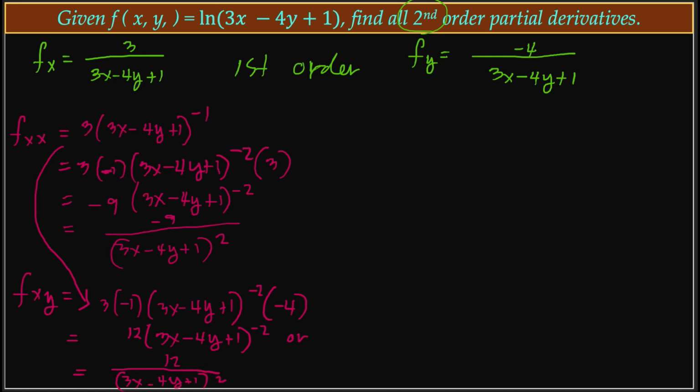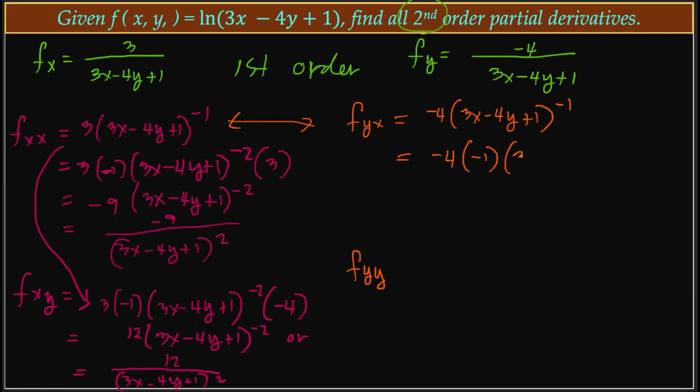And then our next job is to find f sub y with respect to x and f sub y with respect to y. So we will write first negative 4 times 3x minus 4y plus 1, following the same process of this one. This will be equal to negative 4 times the derivative of that will become negative 1 times the inside function 3x minus 4y plus 1 with respect to x. That will become 3.